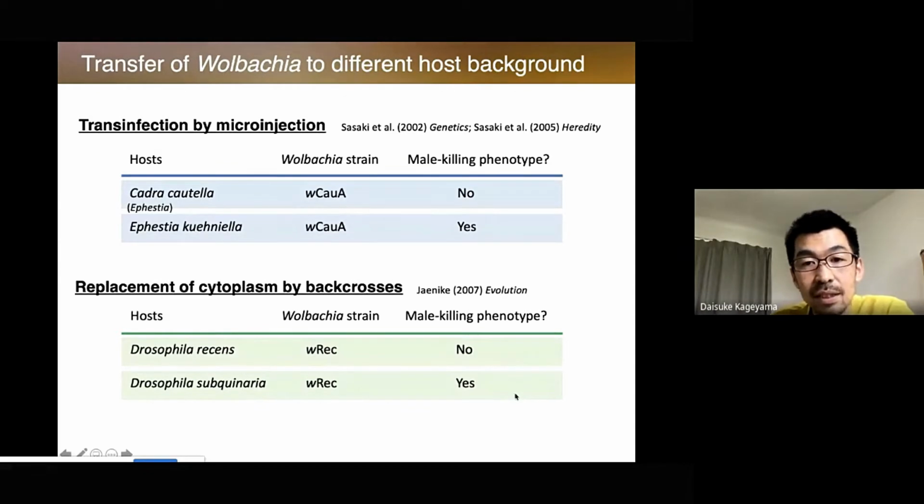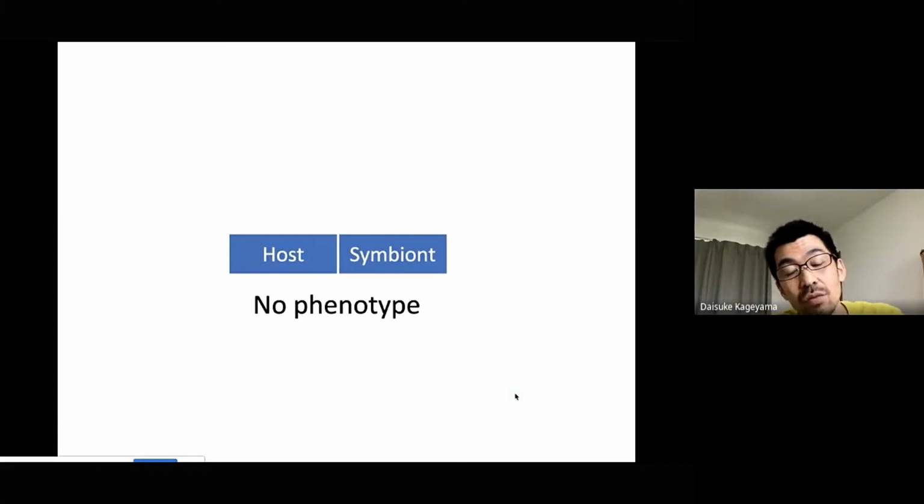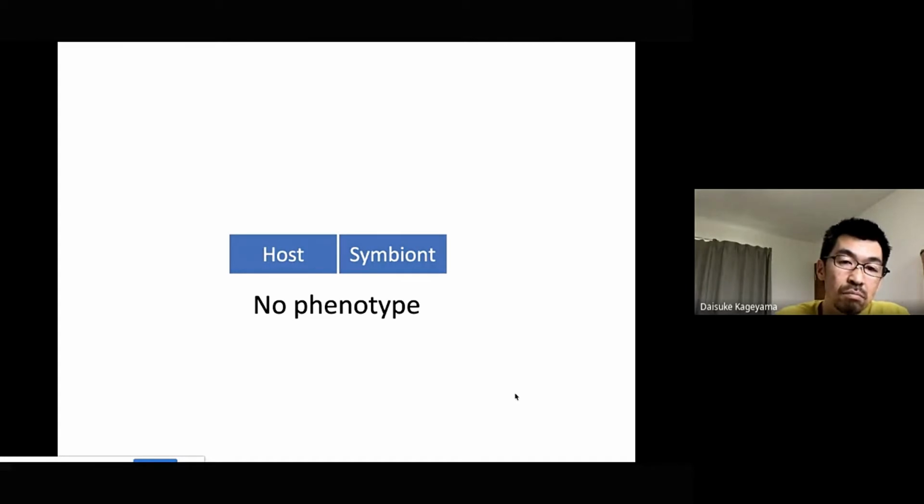So such kind of phenomena may occur repeatedly and frequently in nature. So we can guess, if you find a host-symbiont relationship, for example, if some insects have a particular symbiont such as Wolbachia, Wolbachia is quite common, and you don't see any phenotype, but you cannot trust it.